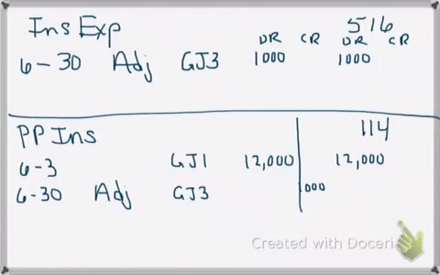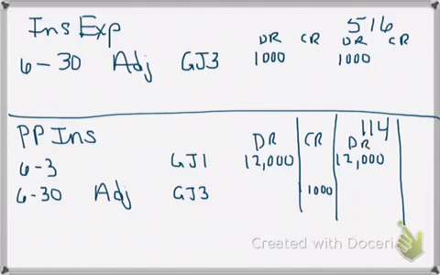Now, remember, we do have all of these columns in the ledger, because we have a debit column, then a credit column, a debit balance column, and a credit balance column.